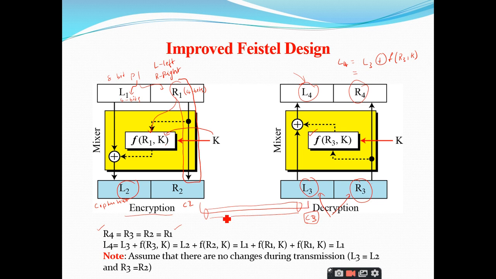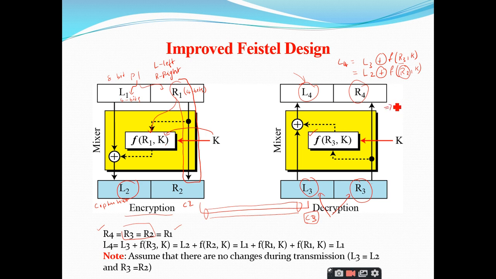Now assume, as I told, that there are no modifications performed in the communication channel. So L3 is equal to L2. Can I write like this? L4 is equal to L2 exclusive OR F of R3 comma K. I know R3 is equal to R2, so I can write it as F of R2 comma K, right? And this R2 is equal to R1.